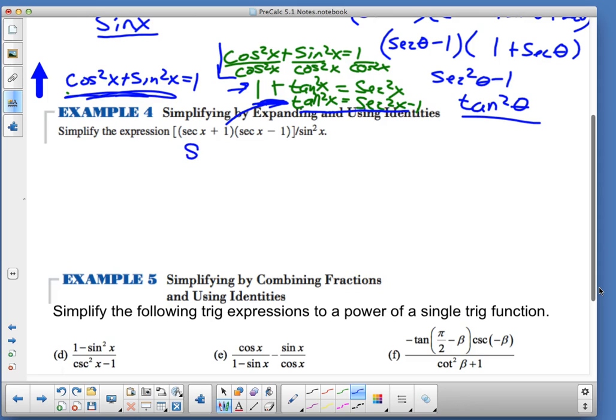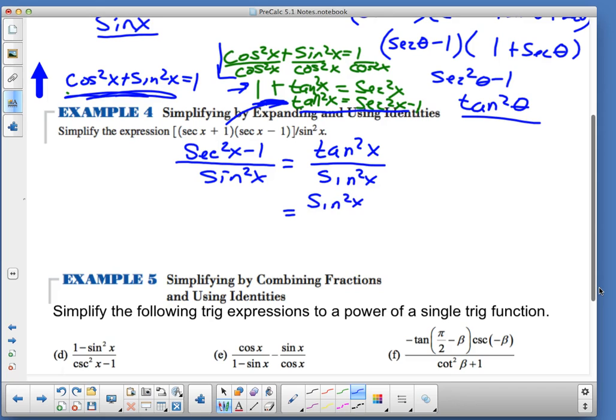So this is going to be secant squared x minus 1 all over sine squared x. Well, secant squared x minus 1 is the same as tangent squared x over sine squared x. And now my next step is to recognize that tangent squared is the same as sine squared x over cosine squared x.